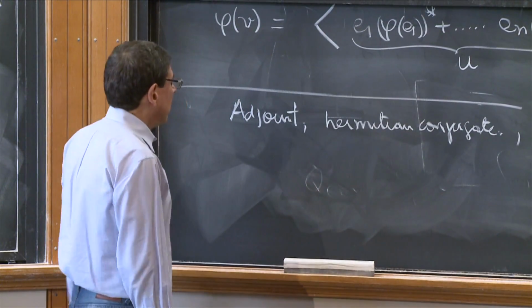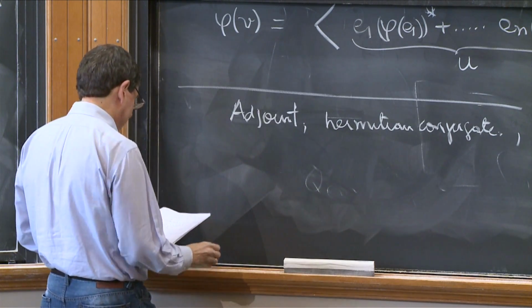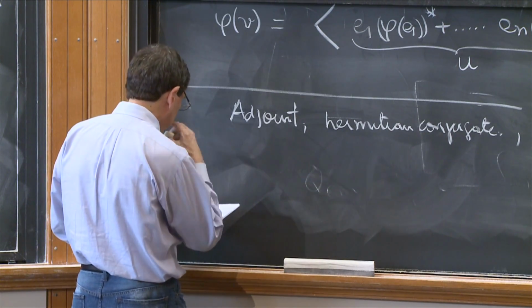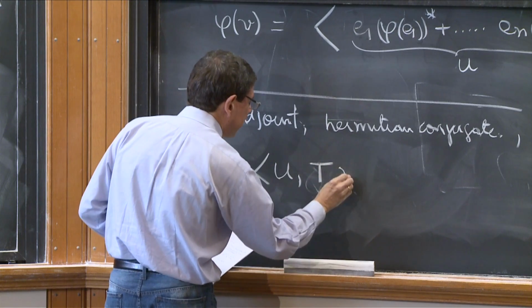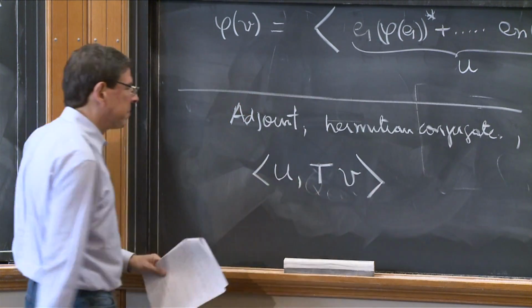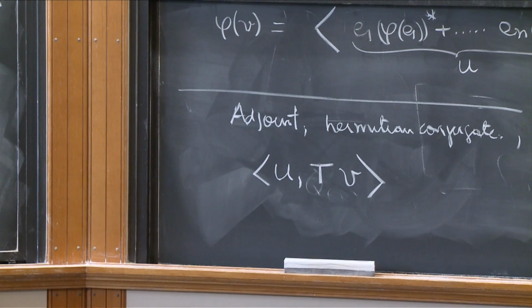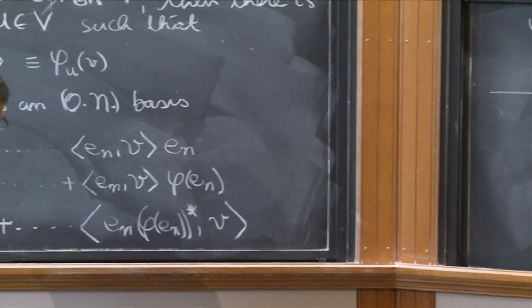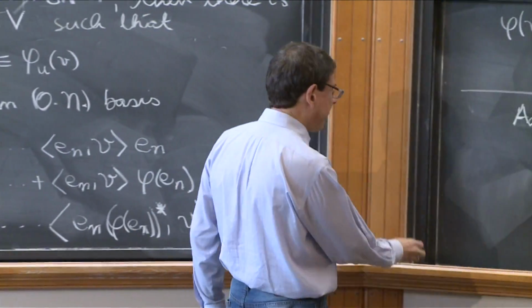So here is the claim. Consider the following thing: the inner product of U with TV. And think of it as a linear functional.